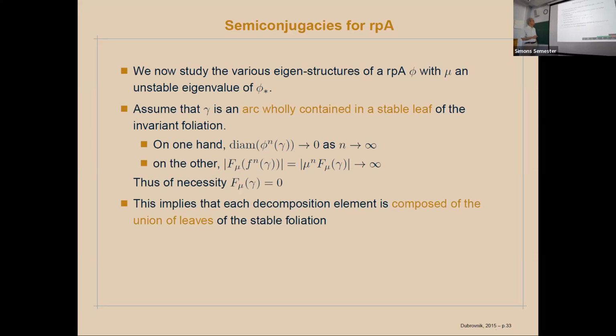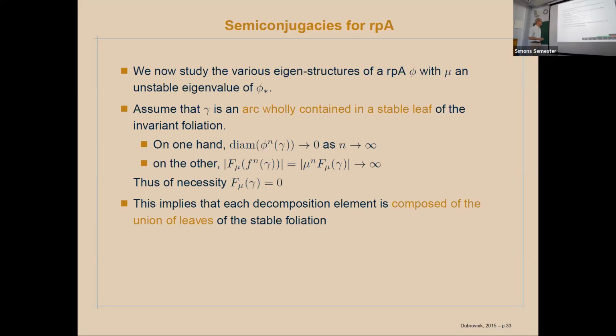Well, the first observation is that, let's say we're in the stable foliation. In the stable foliation, things have to shrink exponentially. But on the other hand, this is an eigen object, so when you hit it by the map, it actually expands. So if you're inside a stable leaf, then this must be 0.